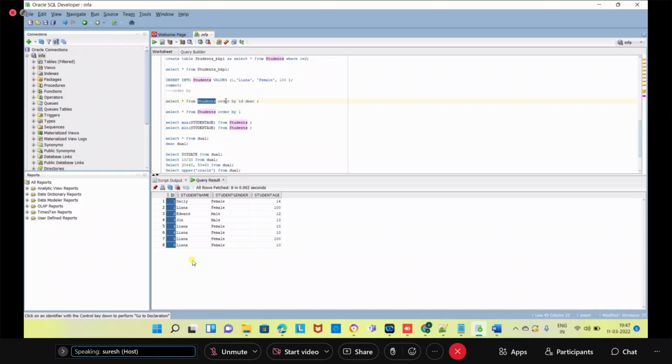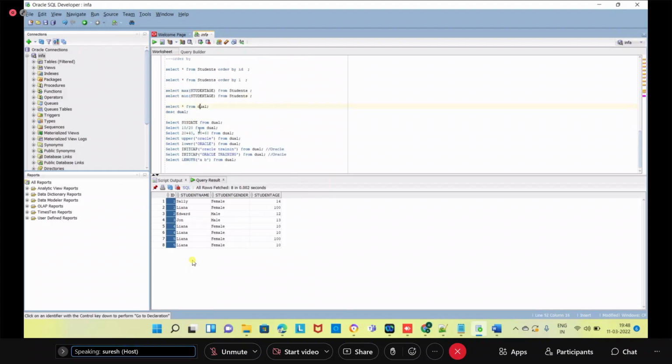I've given you here: select star from the table name, order by the column name you want, and then descending. By default, if you don't write descending, it will be in ascending format.